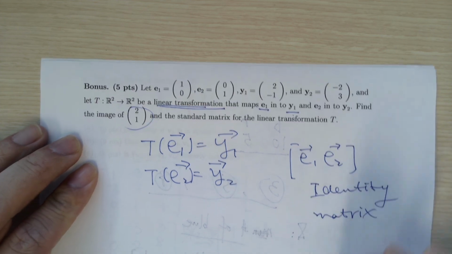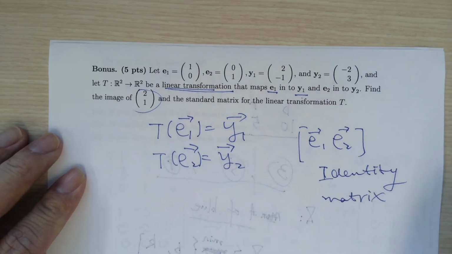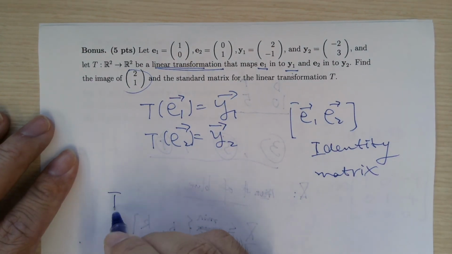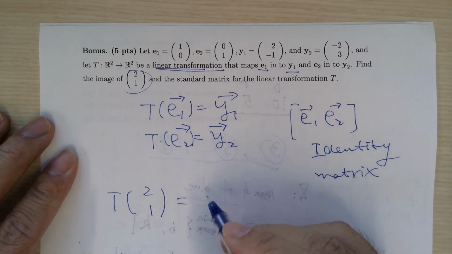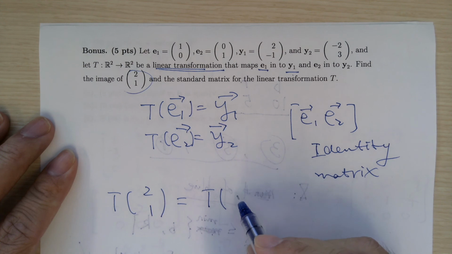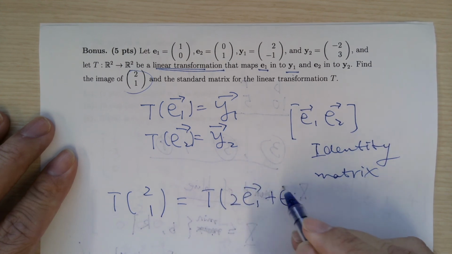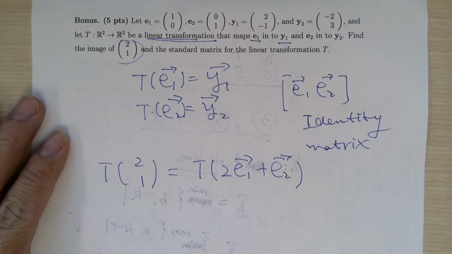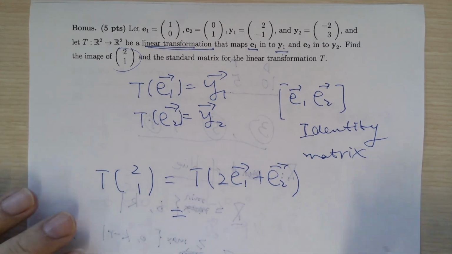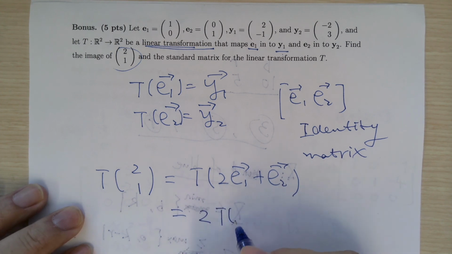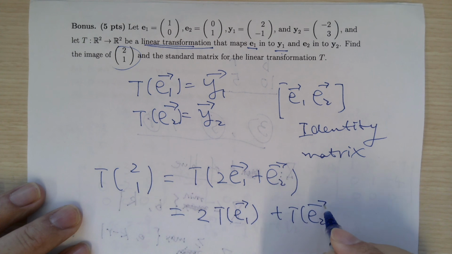matrix, right? Matrix here. And also, since this is a linear transformation, we can write T of (2, 1) as T of 2e1 plus e2, right? Based on the property of the linear transformation, we treat this as 2 T(e1) plus T(e2) here.